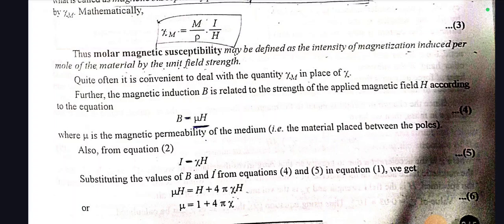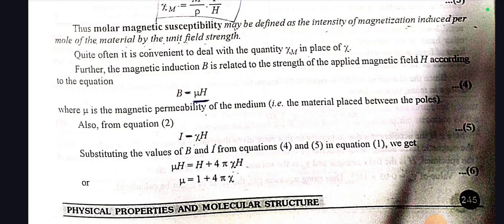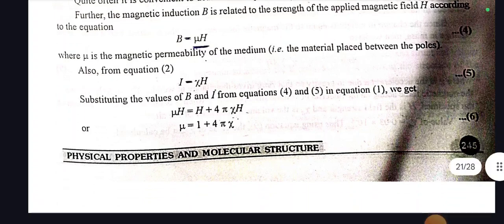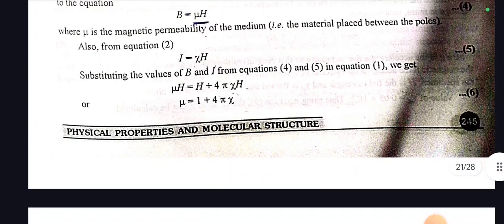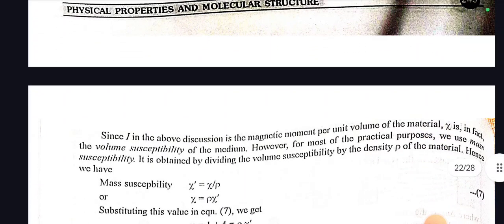Further, the magnetic induction B is increased or reduced relative to the strength of the applied magnetic field H according to the equation B is equal to mu H, where mu is the magnetic permeability of the medium. Substitution of the values of B and I from equation 4-5 in the first equation, we get mu is equal to 1 plus 4 pi chi.